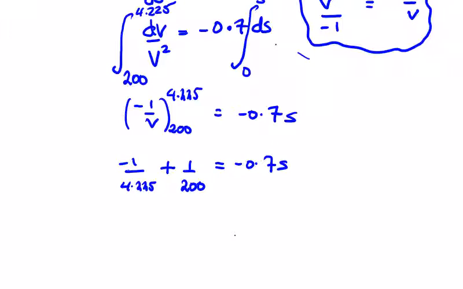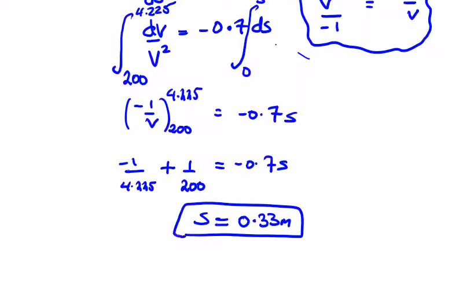Bring the s to the left, and you'd have positive on the right for the first one and negative for the second, then divide by 0.7. And we get s is equal to, it's coming out as 0.33 meters for me. So a lot of simplifying calculator fractions here in this question.